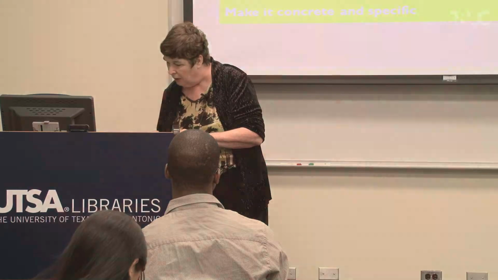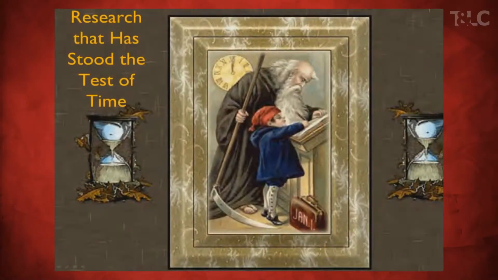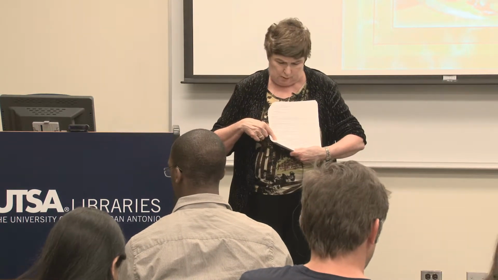Okay. The research that has stood the test of time. Any of you heard of the 7 principles of good practice in undergraduate education? They've been around since 1987, been around a long time, and you've got a URL here if you want to take a look at a whole article.